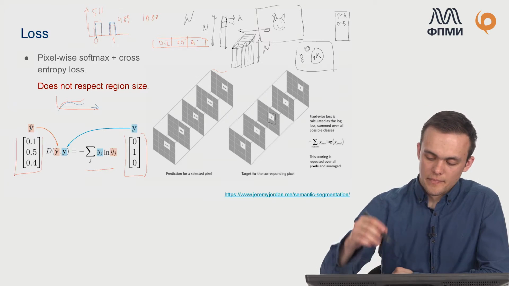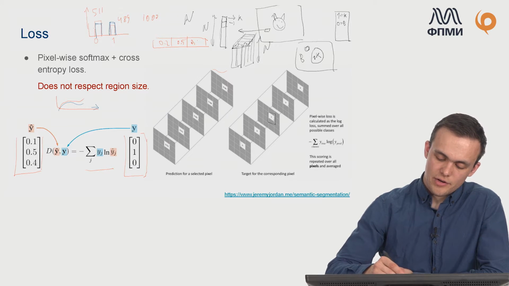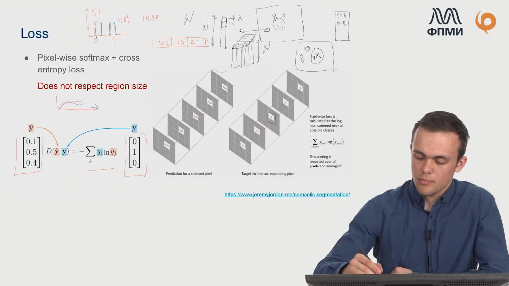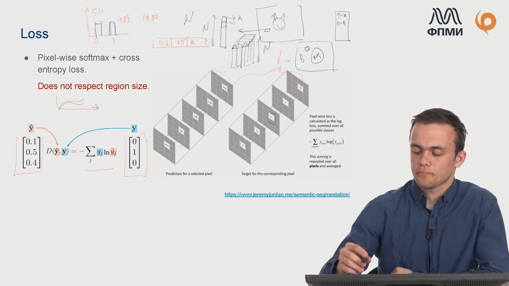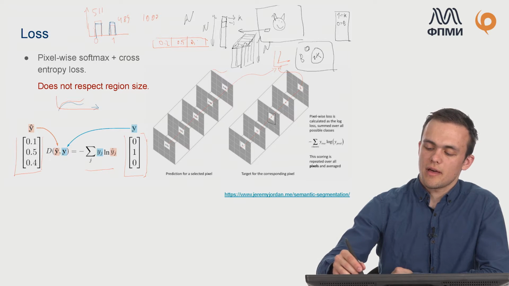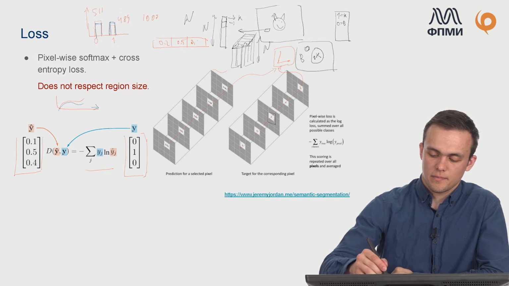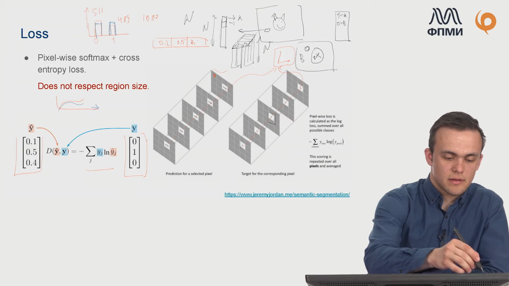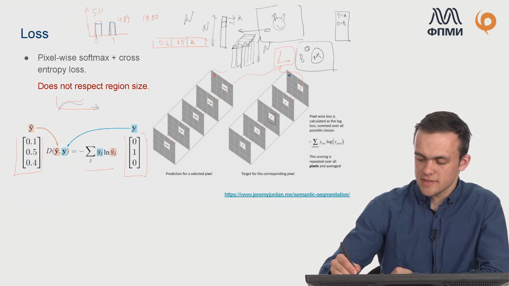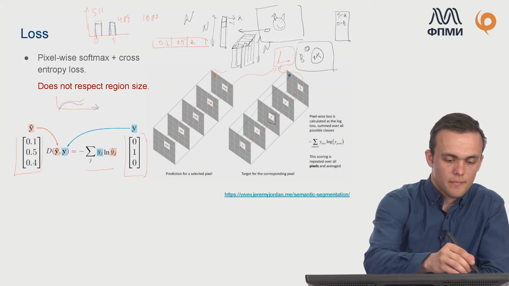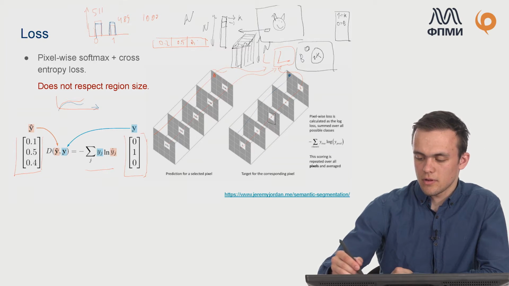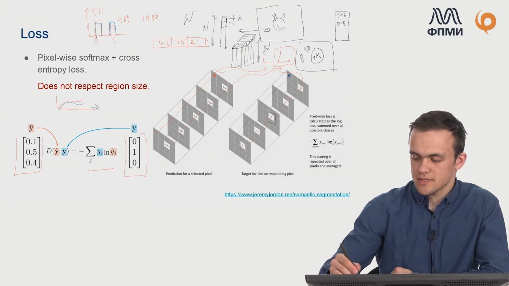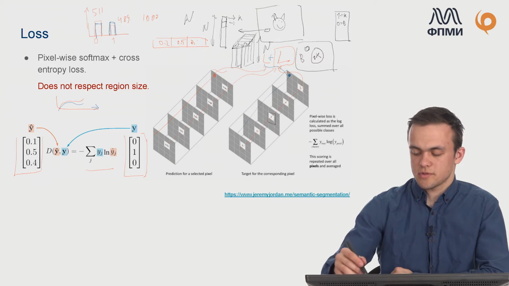Yeah, so as I said, you take every vector here, put it into cross entropy loss, and sum these values over each pixel. So this pixel is compared to this pixel here, these two are passed into the loss, and these losses are summed over the picture.